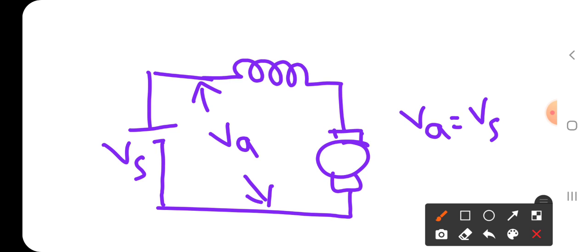Next, the second case is the inductor. Suppose it is positive and negative.